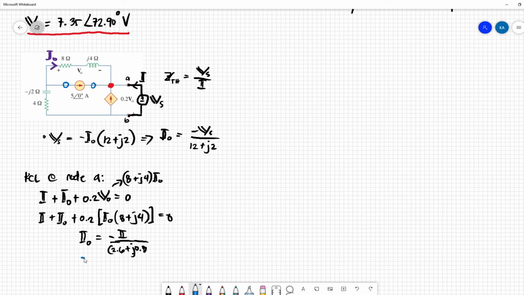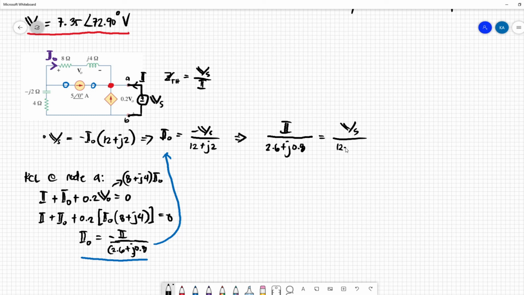Now substituting this equation to this equation, we have I over 2.6 plus j0.8 equal to Vs over 12 plus j2.